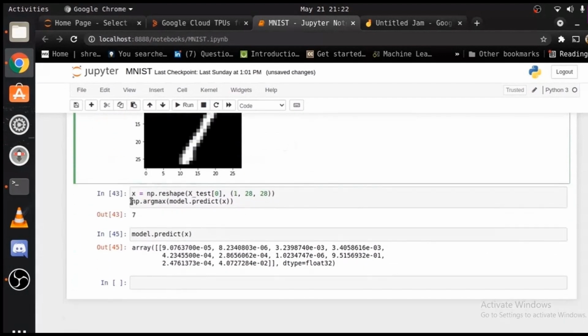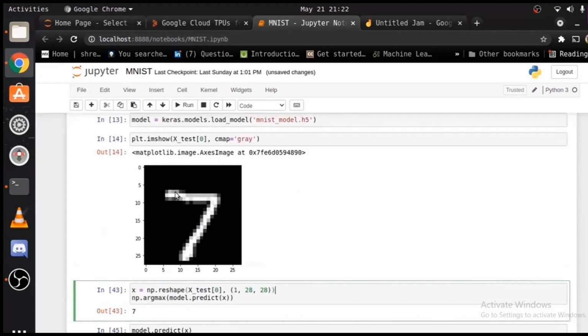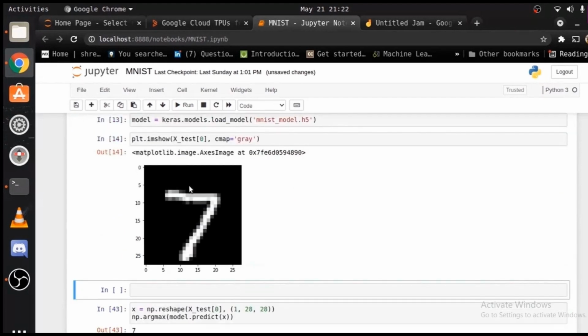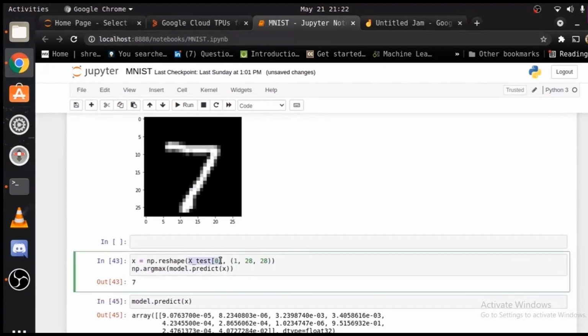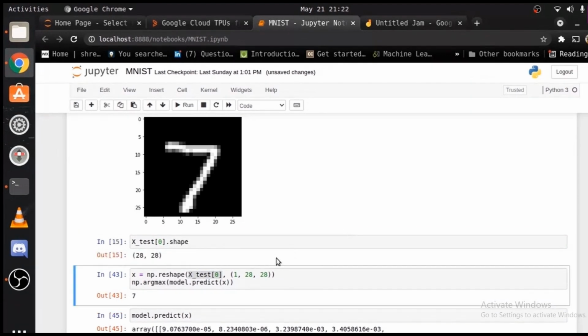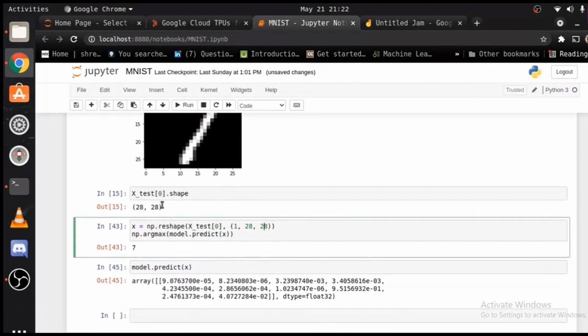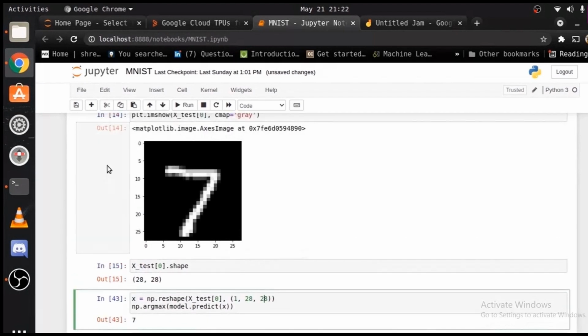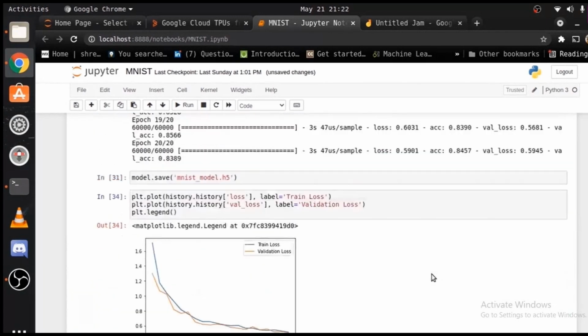Okay. Now first what we do is we reshape the xtest value. So why are we doing that? Let us first see what the shape of xtest is, right? You can see here the shape is 28, 28. Because this is 28 pixels, this is 28 pixels. But we cannot feed this in this shape. So why is that?